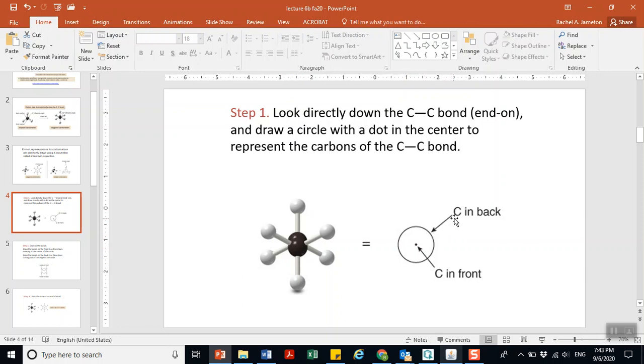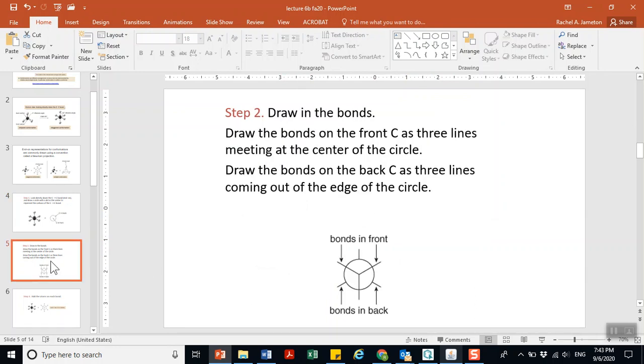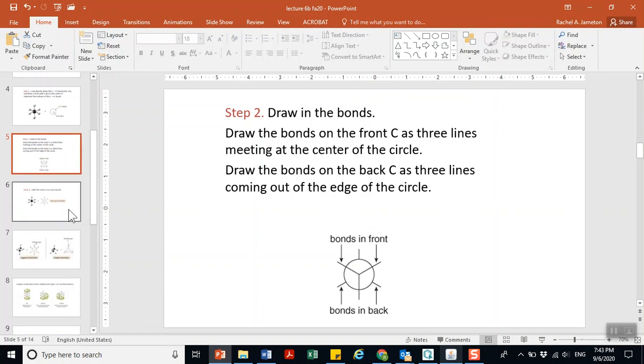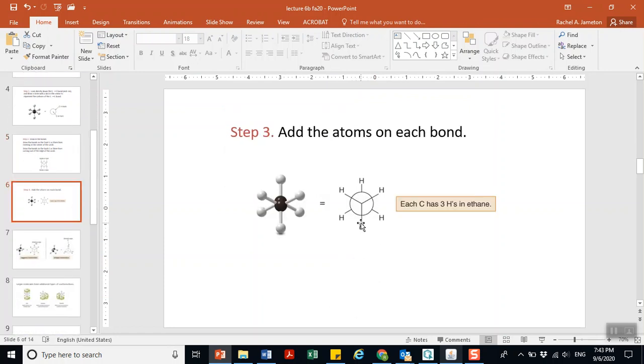And then you can't see it, but there's another carbon, the second carbon, in the back. So this is being drawn in the staggered conformation. There are 3 hydrogens coming off the front, and then there are 3 in the back in the staggered position. And then you can add the atoms onto each bond.